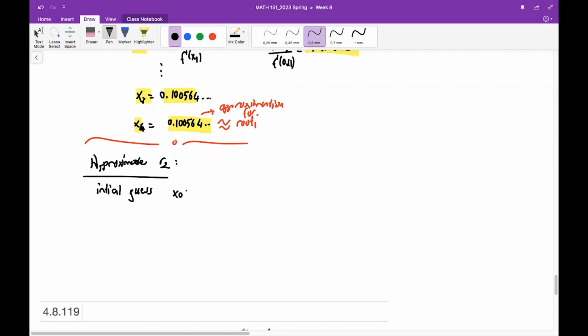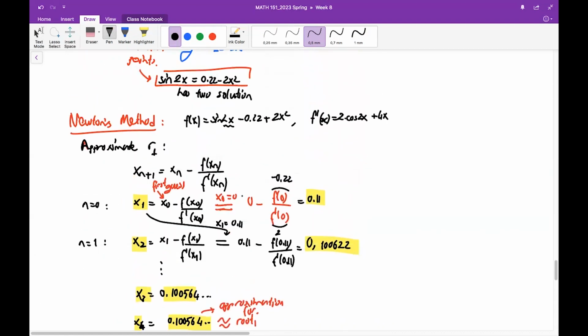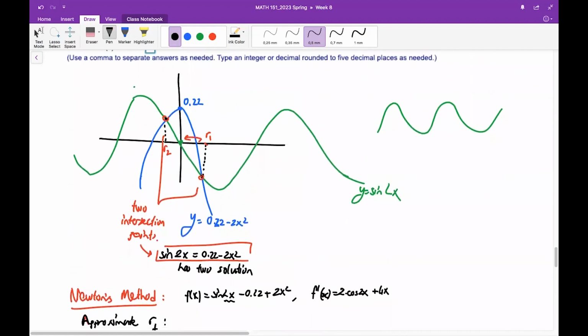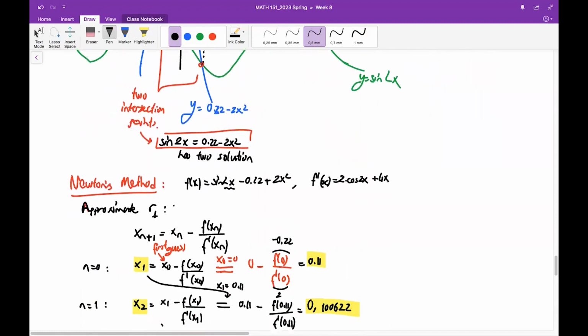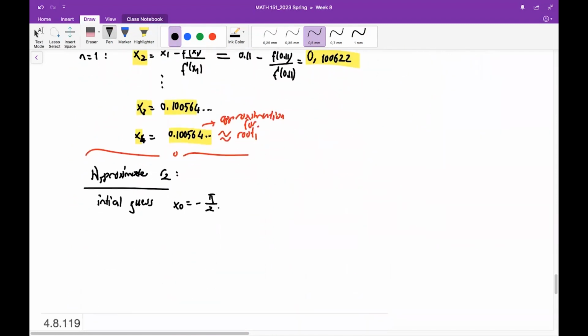Let's choose this time the initial guess as minus pi over 2. Why am I choosing like that? Because the second root is a negative number, and again you need to choose some point closer to the origin. That's why I prefer to choose it like that.